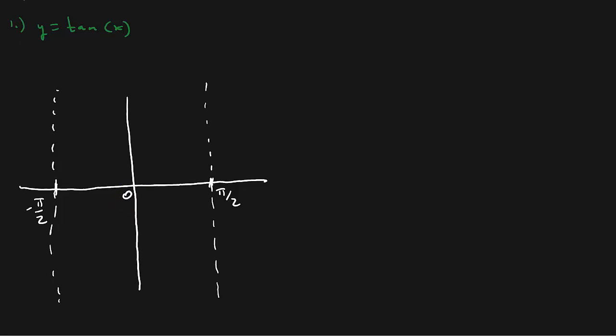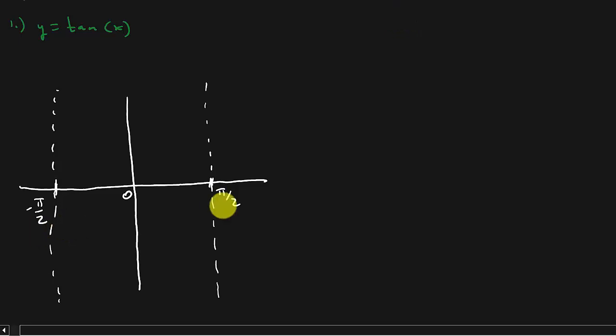Obviously that's 0. That should be easy to see, but let me write it out. To find the midpoint between two numbers, you add the two numbers together. So that's negative pi over 2 plus pi over 2, which equals 0. Then you half that, which is 0, of course.